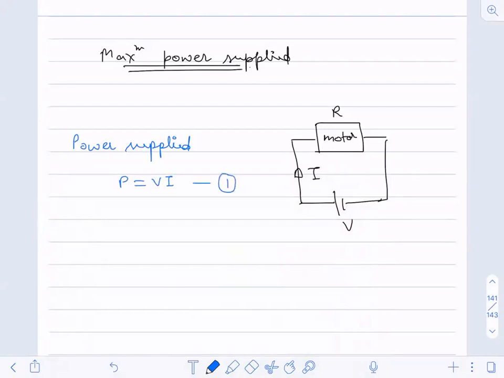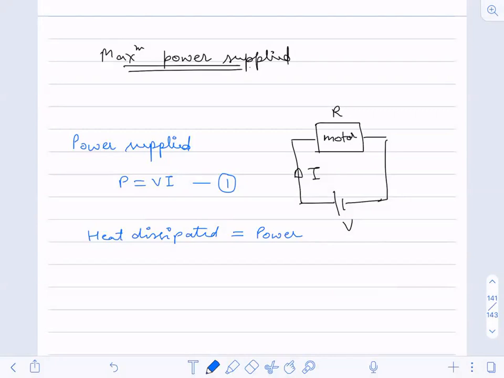Now, heat dissipated or power dissipated, anything you can write. This power dissipated must be less than the power supplied.